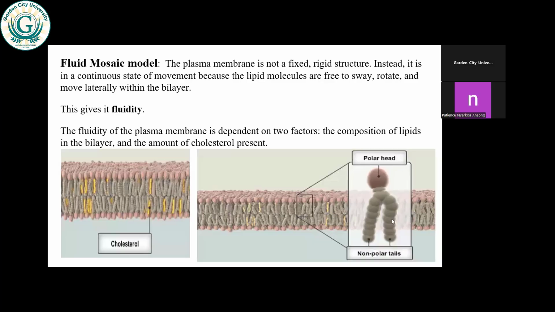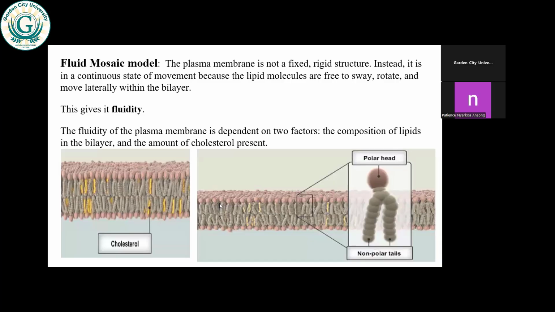From the slide, we have one molecule of a phospholipid, which has a polar head, a non-polar tail, and is arranged in two layers, the top one and the bottom one. The top one faces the external of the cell, the bottom one faces the inside of the cell.